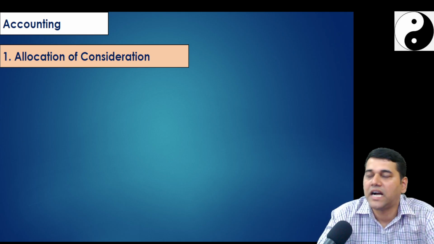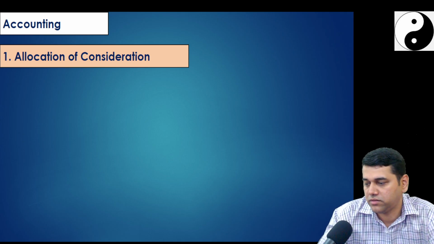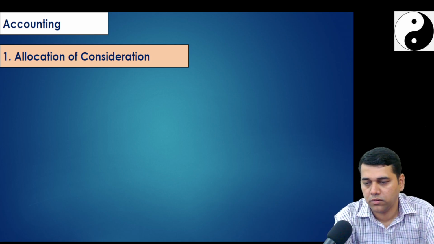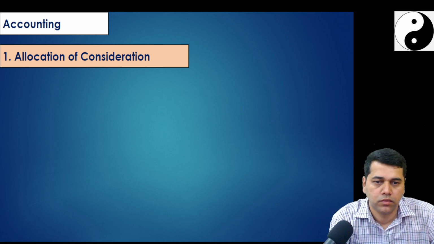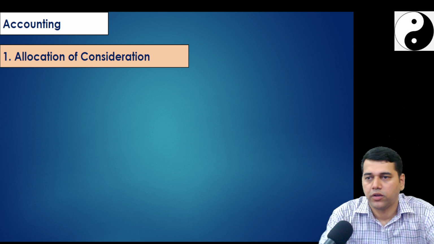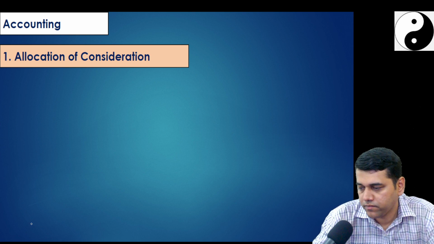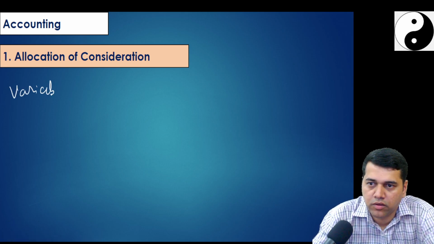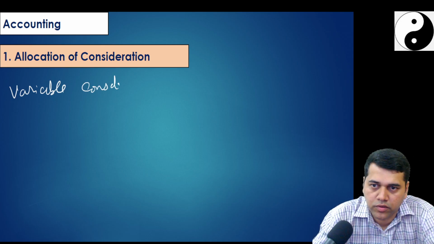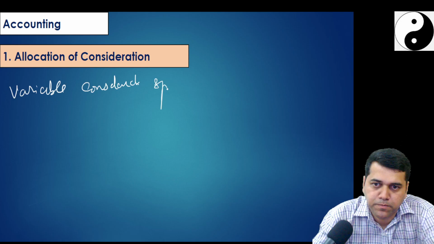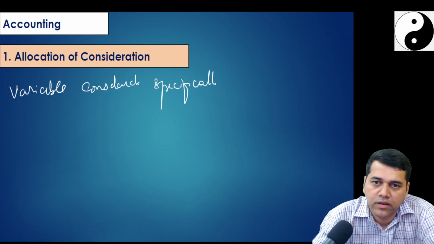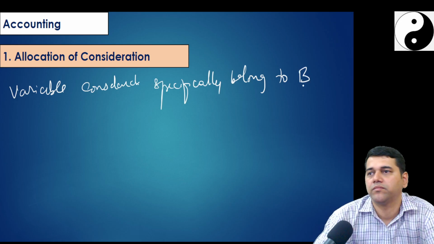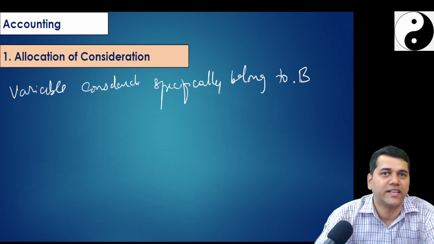First they asked you to allocate the purchase consideration. Allocation of the consideration. Variable consideration specifically belongs to B. Why? Because there is an exception for allocation.